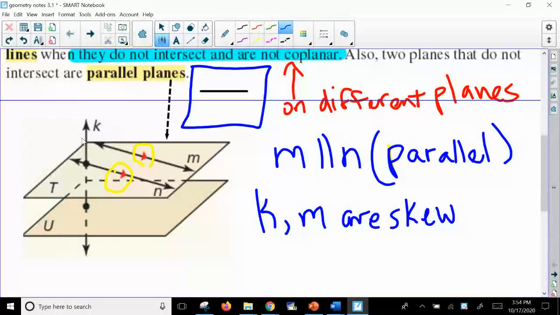So think of K as going through the sheet of paper, right? Like if you poke a hole through a sheet of paper and then stick your pencil in it, that's what line K is doing. It's going through the plane, or through that sheet of paper, while line M is laying on the paper. So line K is not intersecting line M because it's like in front of it going through the paper. Okay, so these are skew lines.